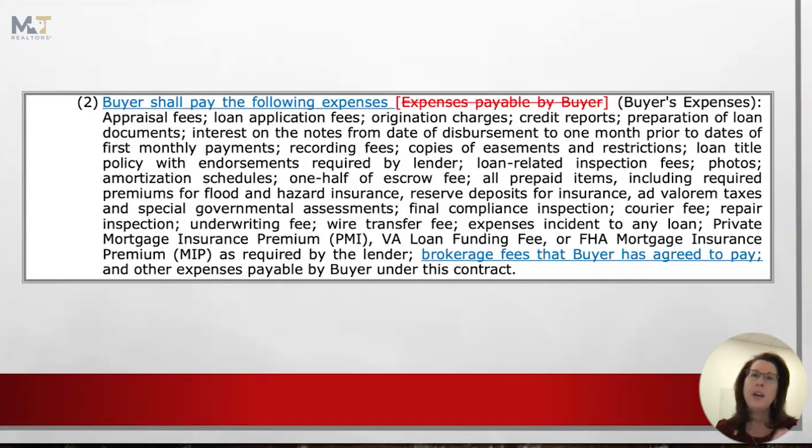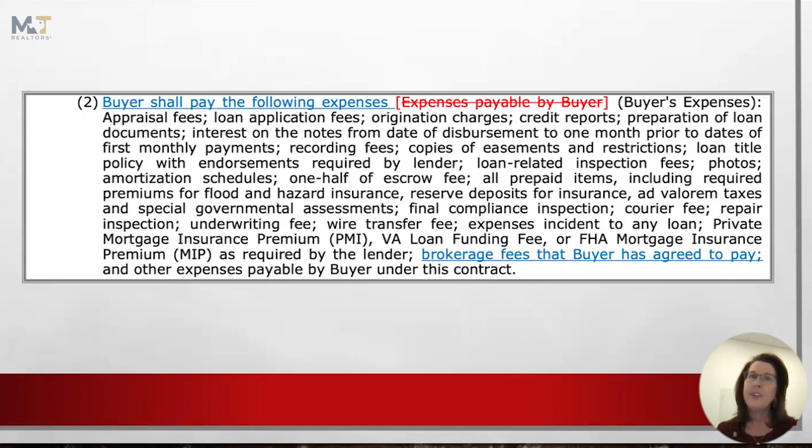Okay. 12.2 does talk about the buyer shall pay the following expenses. So in other words, if A1 is not filled out at all, so the buyer is not asking the seller to pay the compensation, the buyer is going to be paying that compensation. And that's what it says down at the bottom in this paragraph: broker fees that buyer has agreed to pay.